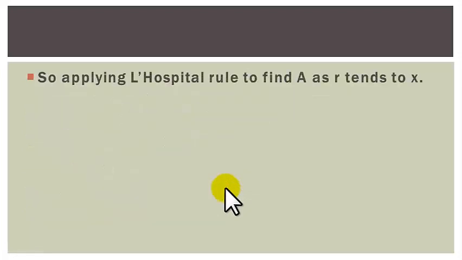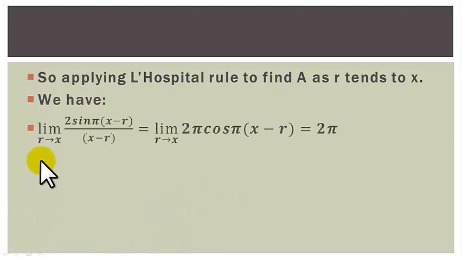So applying L'Hospital rule to find a as r tends to x, we will obtain the following: limit as r tends to x of 2 sine pi into x minus r all over x minus r will be equal to, L'Hospital rule says that we should differentiate up and also differentiate down before taking the limit.